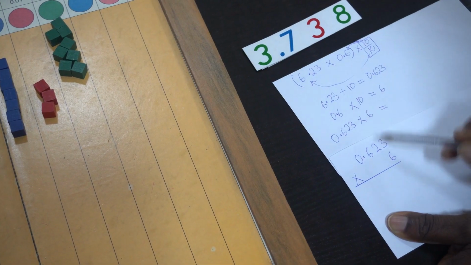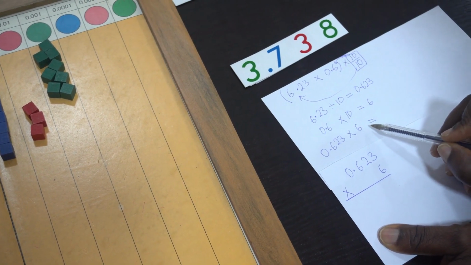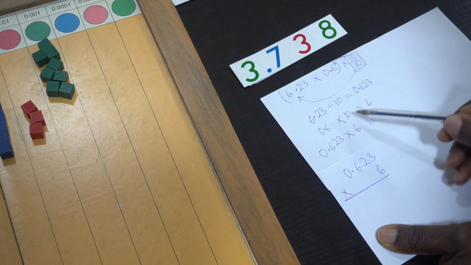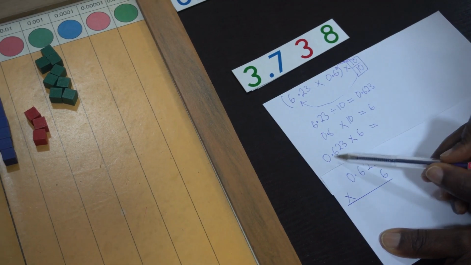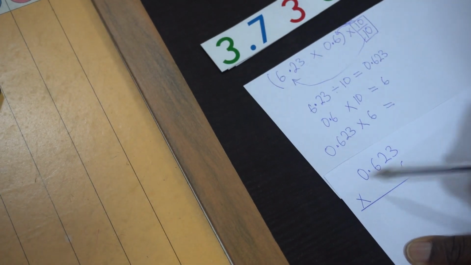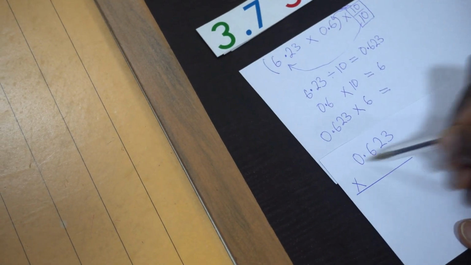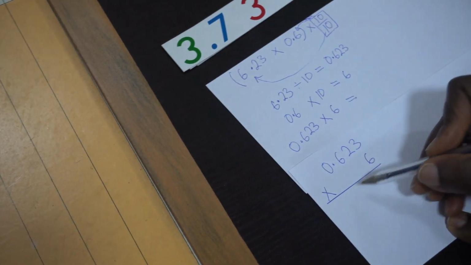So remember, the goal is always to make the multiplier a whole number by multiplying the multiplier by 10 and dividing the multiplicand by 10. So we ended up having this problem, which is what we have here. And I've written the problem again this way, so I can do my multiplication on paper.